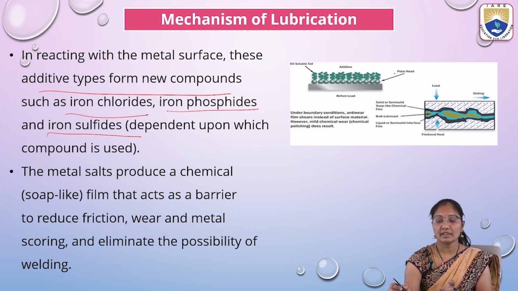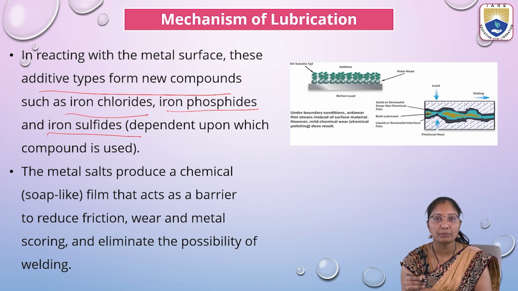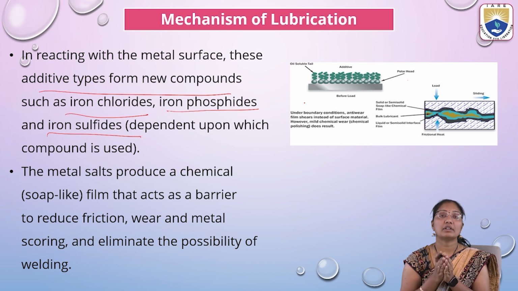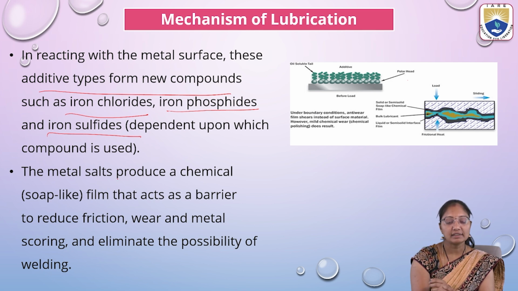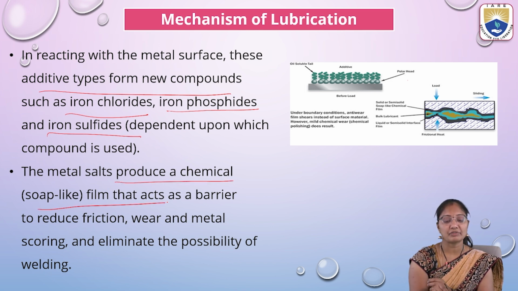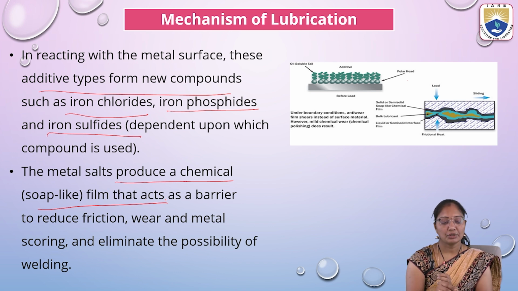Here we can see the polar head and oil soluble tail on the surface of the metal. Suppose the metal is iron, it forms iron chlorides, iron sulfides and iron phosphates on the metal surfaces. The metal salts produce a chemical soap-like film that acts as a barrier to reduce friction. So it is acting as a lubricant.